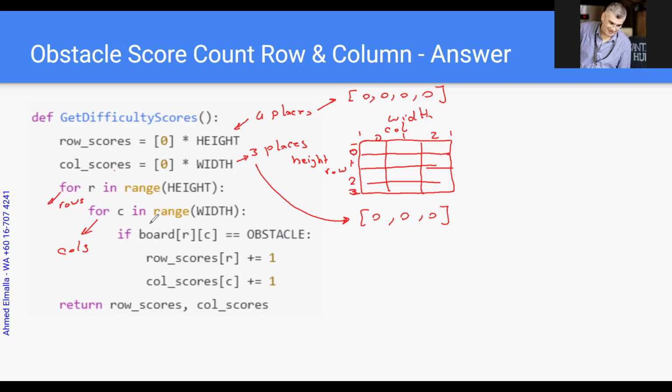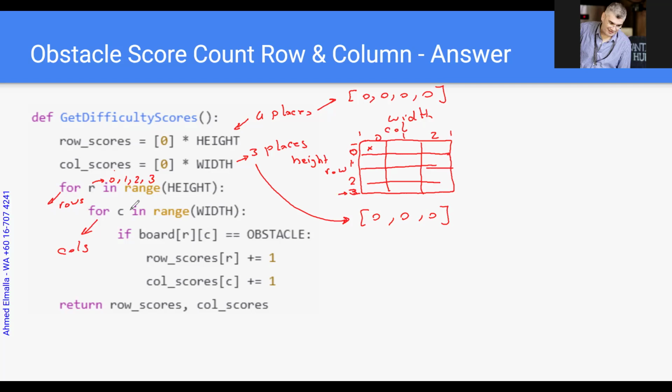And then, when we are here, which is the first place, at row 0, this starts from 0 definitely. And this will go up to the height, which is 4 places. So assume that it goes from 0, 1, 2, and then 3, like we are having here. This is just a sample.